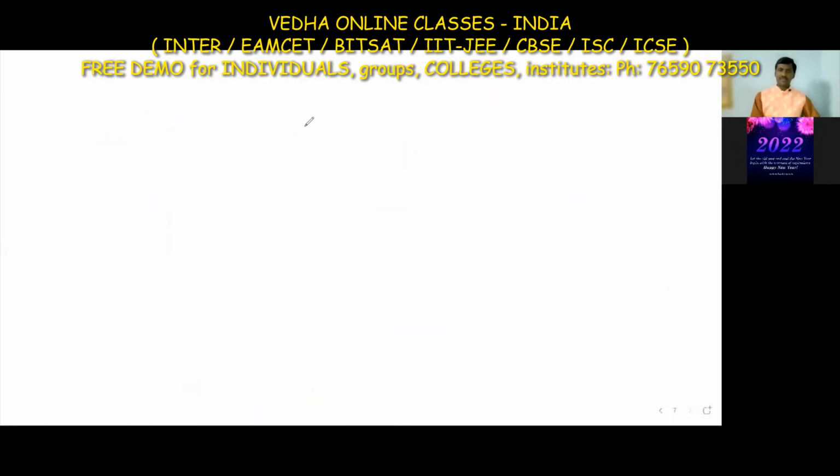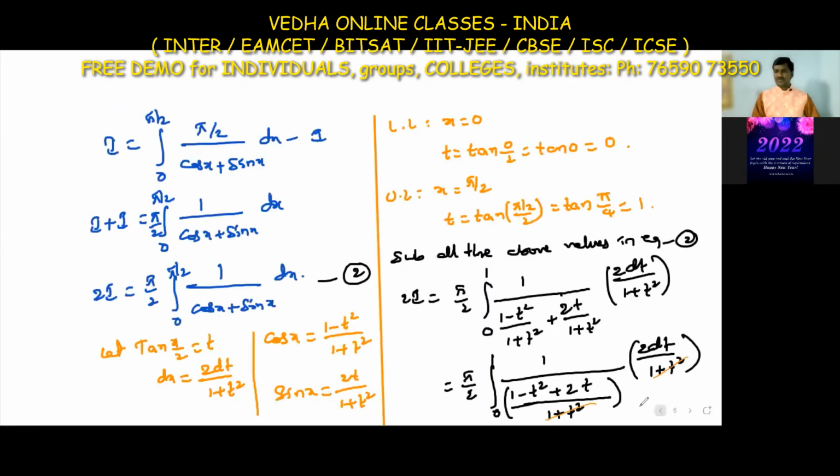Now, we get pi by 2 as it is. 2I is equal to coefficient pi by 2 as it is, integral of 0 to 1, and 1 divided by minus t square plus 2t plus 1. And this 2 also I am writing outside.